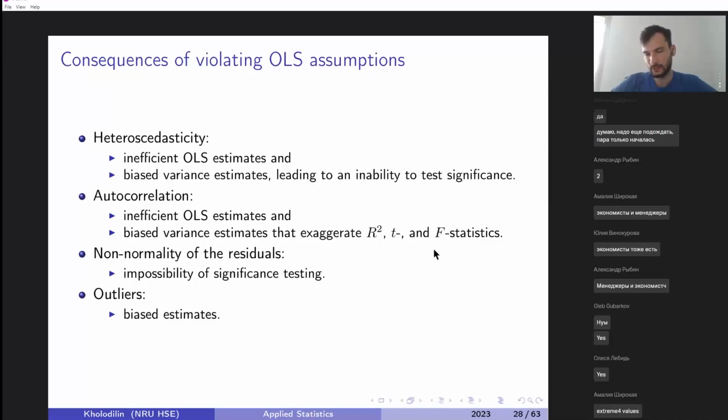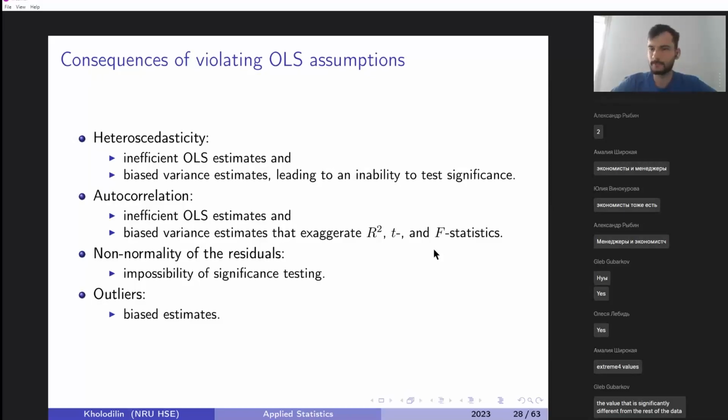Yeah, extreme values. Right. And normally we would like to throw it away from our analysis.